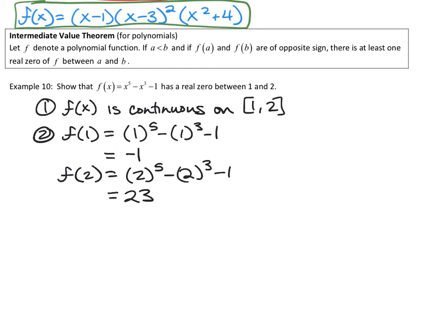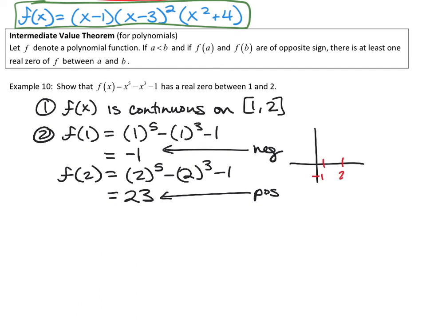So again, this one is negative, and this one is positive, which means at some point that graph is going to have to cross between 1 and 2. It's going to have to cross from negative 1 to 23. To get there, it's going to have to go through the x-axis. Like, that makes a lot of sense to us.